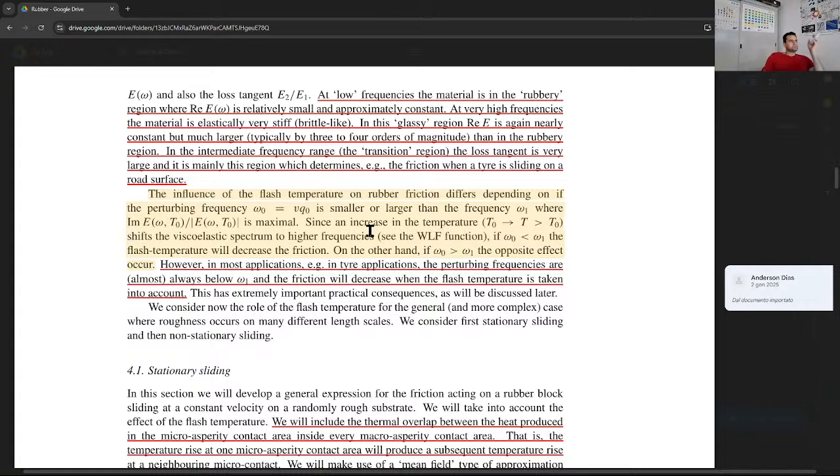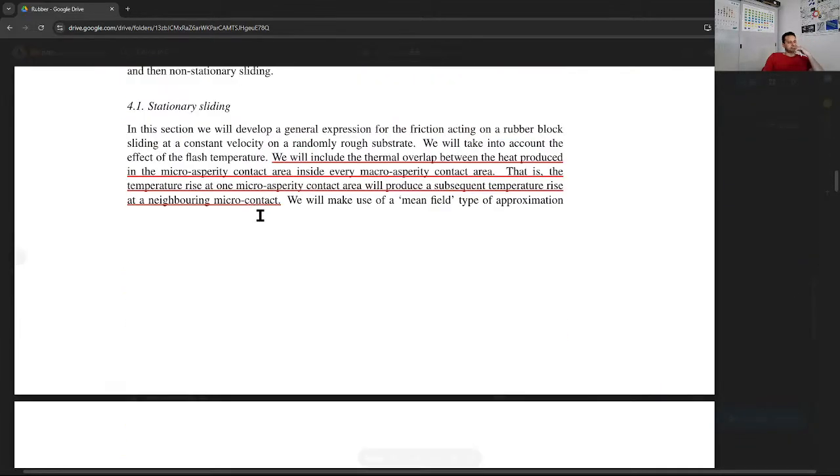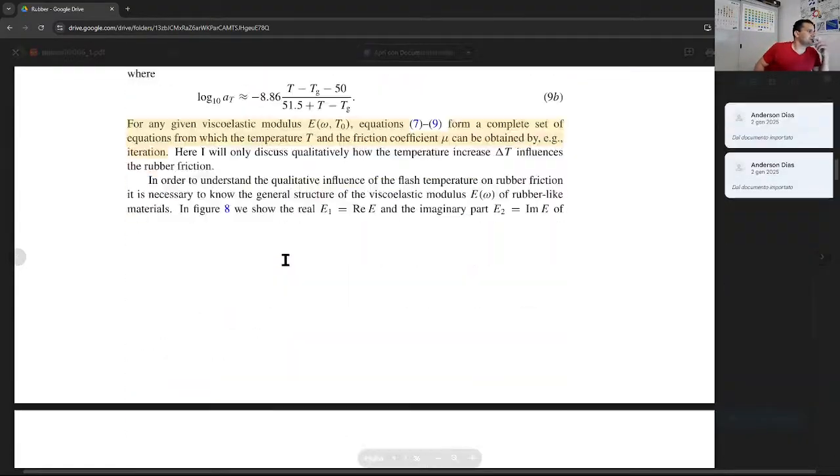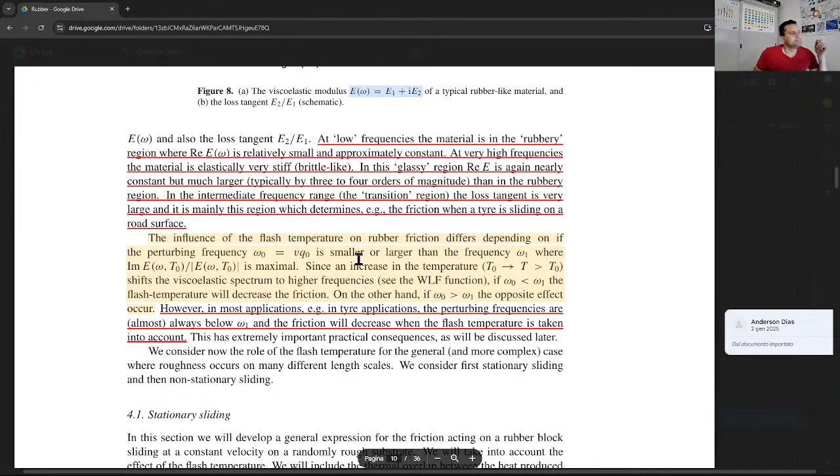This is omega 1, which is when the maximum division between the imaginary part and the real part is obtained.